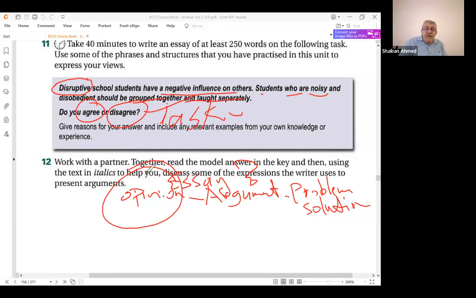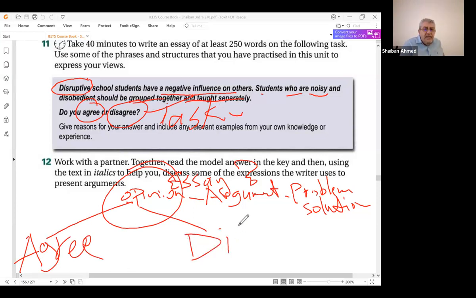Now, in the opinion essay, after we decided it's an opinion essay, what is your opinion? Your position. Do you agree or disagree? And you are going to do this in 2 minutes in the exam. Read the question, decide.